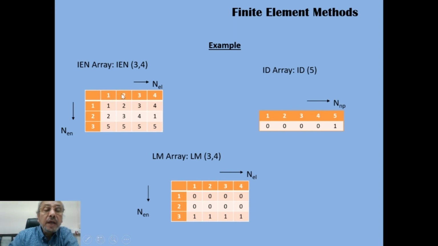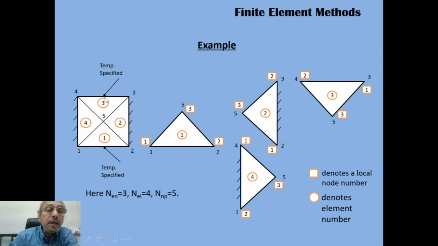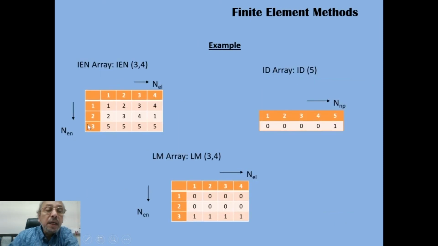So first, second, third, fourth, these 4 elements, and for each element we have node numbers 1, 2, 3, but at this position we will write the global node number.